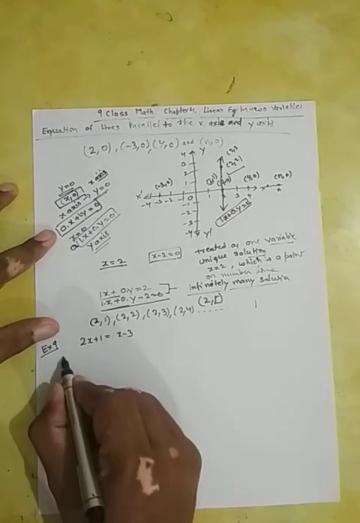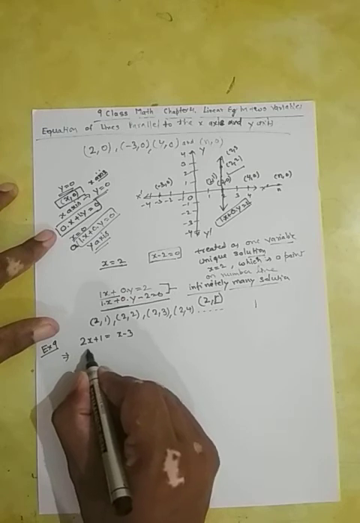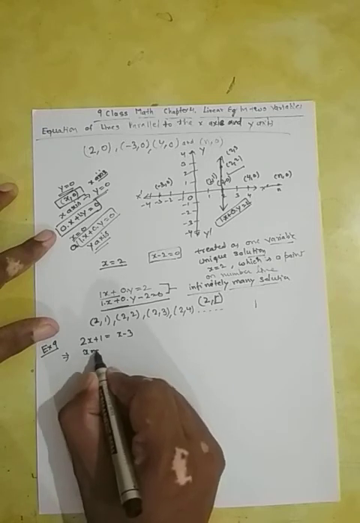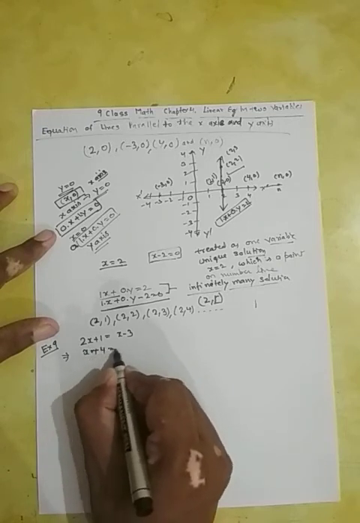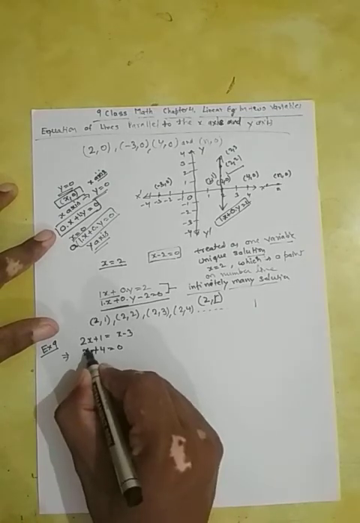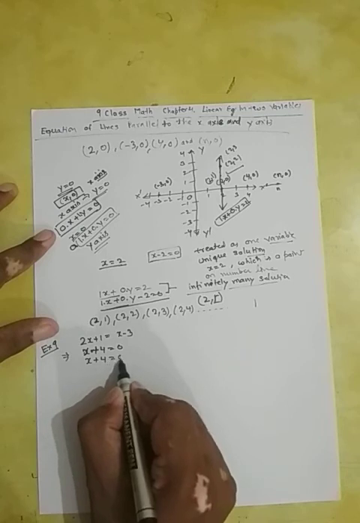First we simplify this equation, then x plus 4 equal to 0.